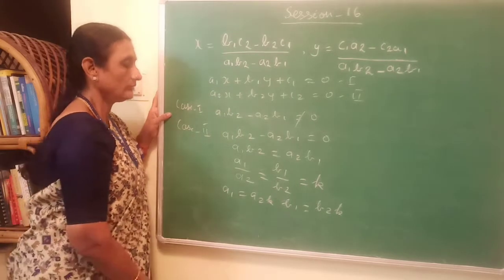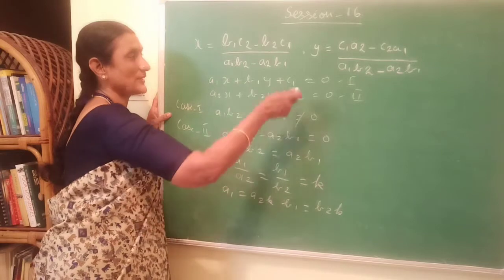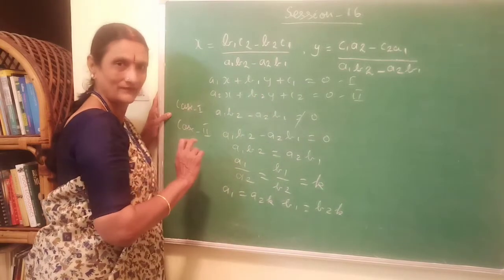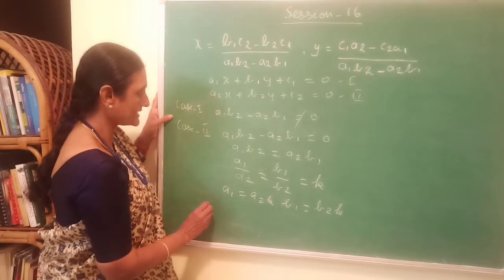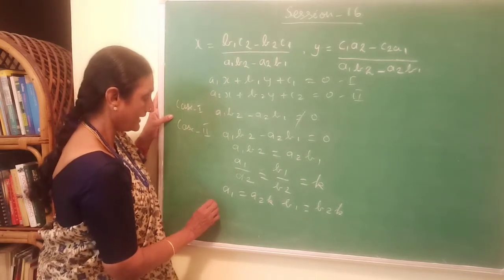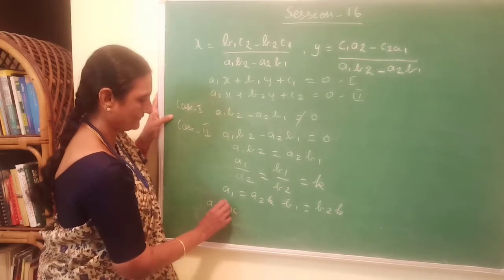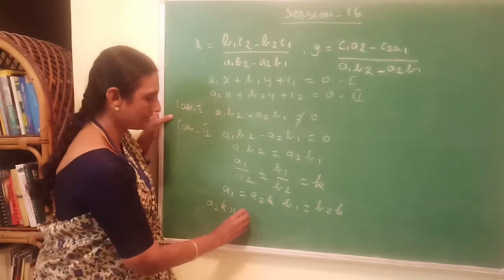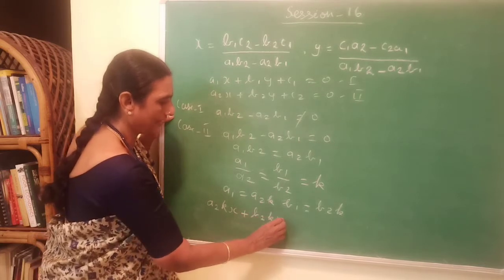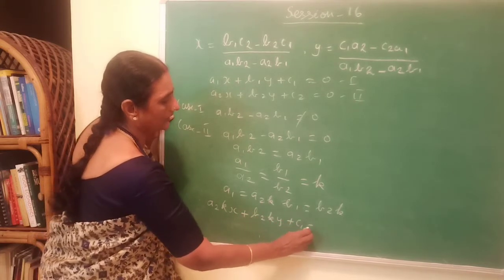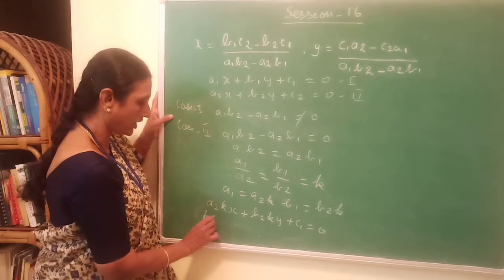Okay. Now, with this value of A1 and B1, I am going to substitute in equation 1. If I substitute, the x term will become A2kx. Correct? The y term will become B2ky plus C1 equal to 0. Now I am taking that k out.